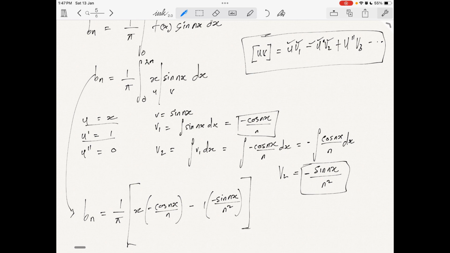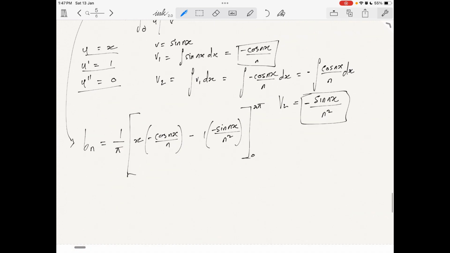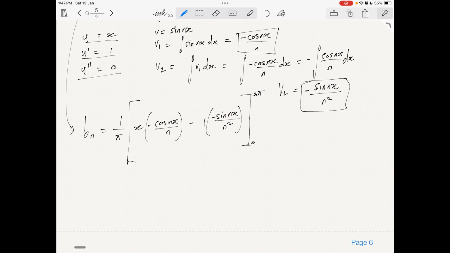And we stop there because u double prime is 0, from 0 to 2 pi. So solving this now, we have it to be 1 over pi into minus x cos nx over n plus sine nx over n squared, 0 to 2 pi.